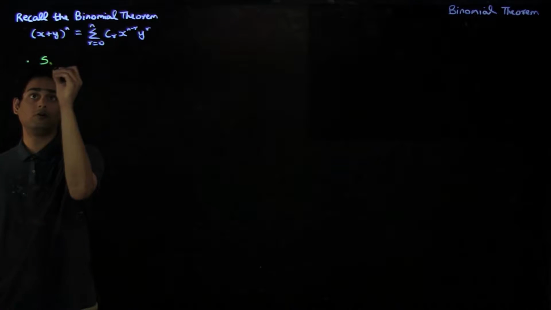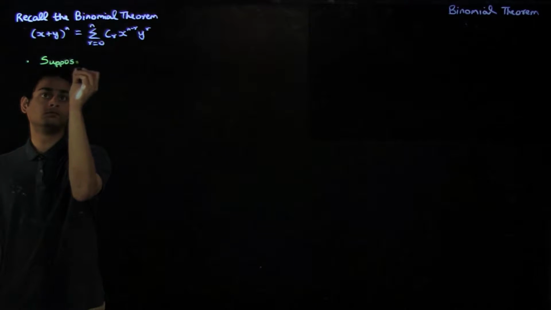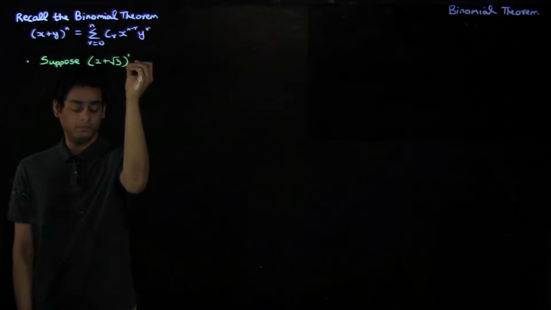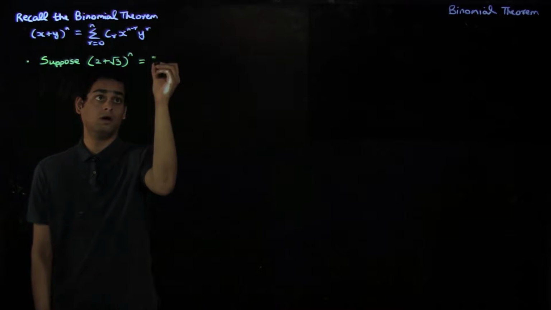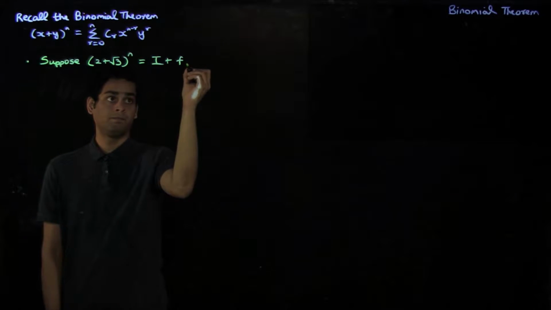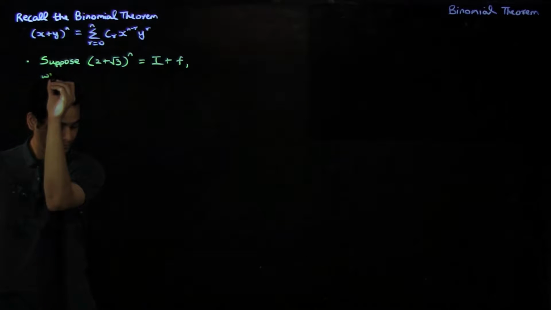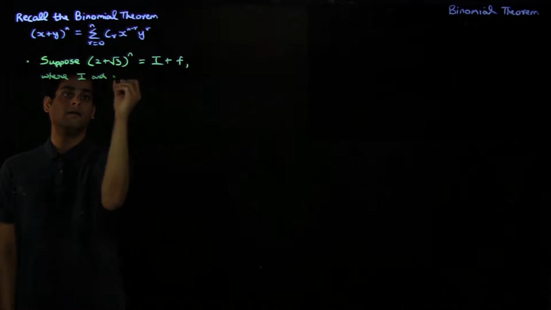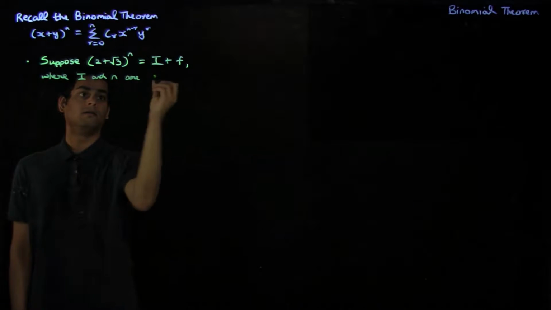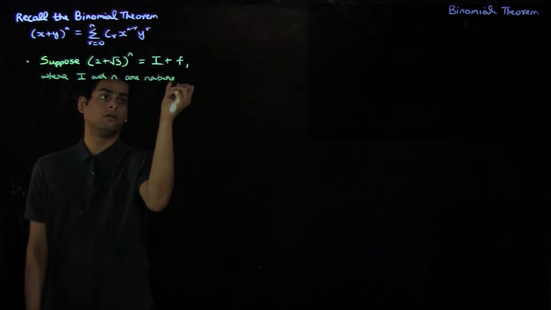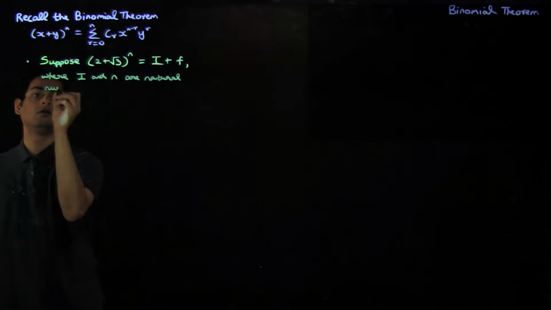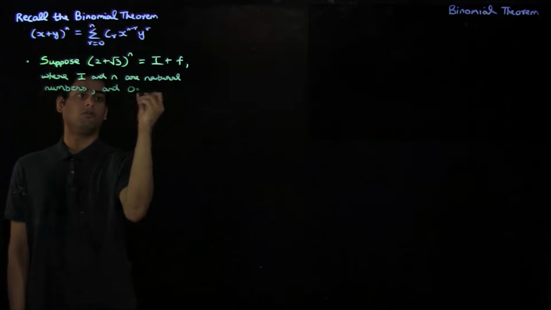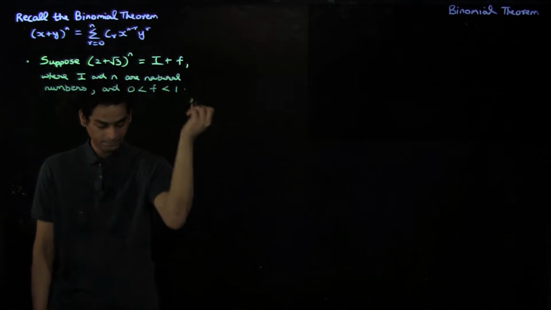It says, suppose (2 + √3)^n equals I + f, where I and n are natural numbers and 0 < f < 1.